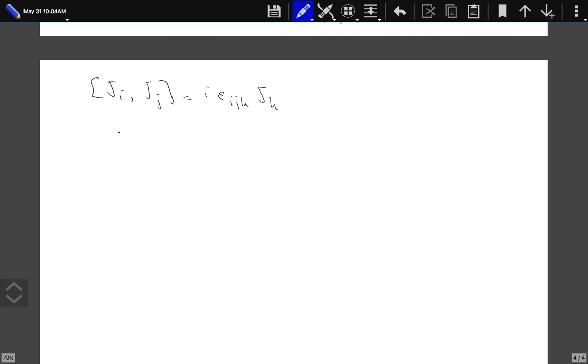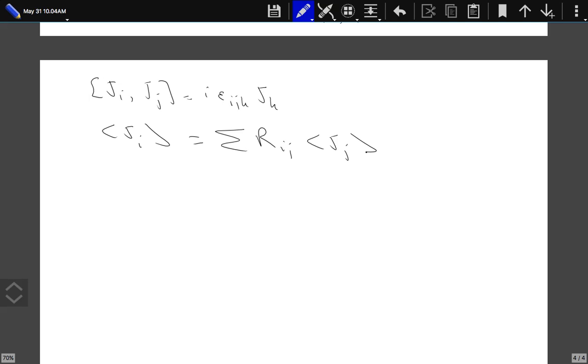And we had also calculated the expectation values of these Ji's in an arbitrary ket. They are written in this form, where R is our 3-dimensional rotation matrix. So this basically tells me that the expectation values of the J's just behave like ordinary 3-dimensional vectors.